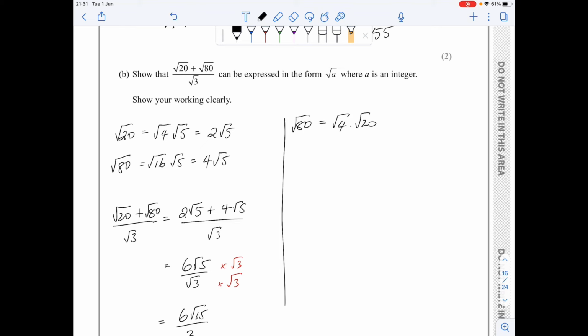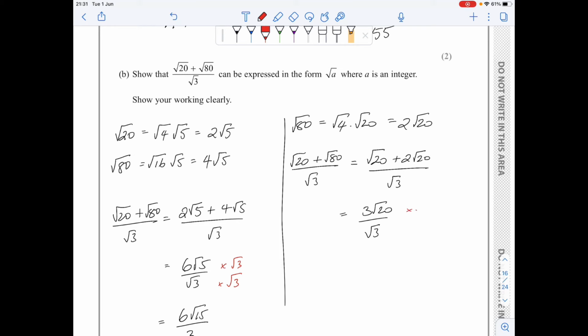Now the second method involves breaking square root of 80 as square root of 4 times square root of 20. So it matches this one. This is 2 square root of 20. So my expression, square root of 20 plus square root of 80 over square root of 3 becomes square root of 20 plus 2 square root of 20 over square root of 3, which will give me 3 square root of 20 over square root of 3.